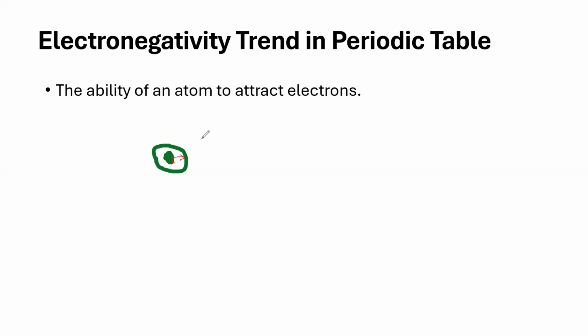So the positive charge is attracting the negative charge, so it will have more ability to attract electrons. So as the atom becomes smaller, it has more electronegativity.